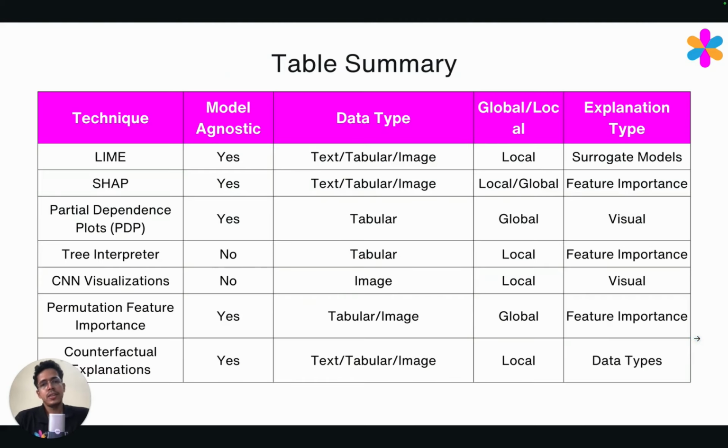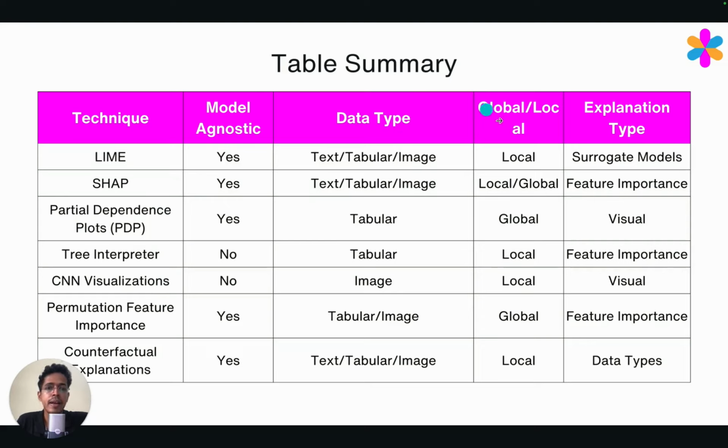In this lecture, I'm just summarizing the models that we looked at in this table summary. You already saw this in one of the previous slides. We looked at LIME, SHAP, partial dependence plot, tree interpreter, CNN visualizations, feature permutation, and counterfactual explanations. Each of these explainable AI techniques is either model agnostic or not. They apply to different data types.